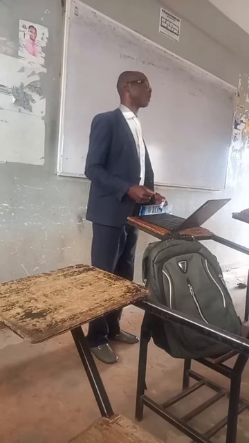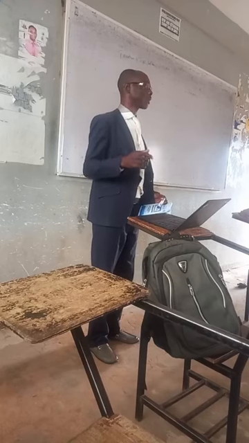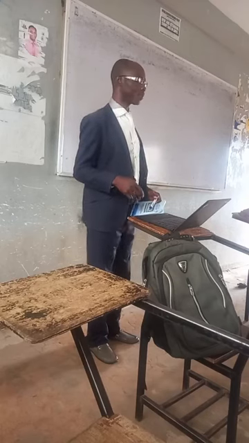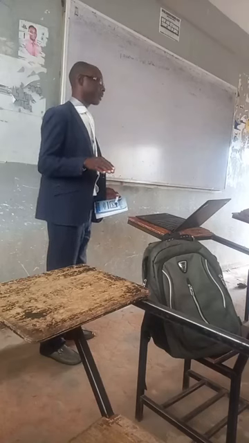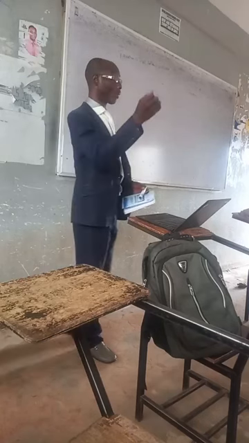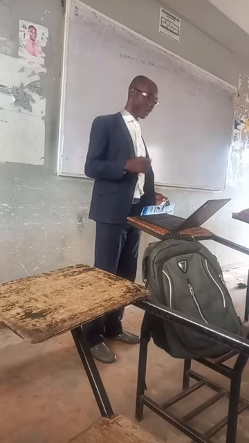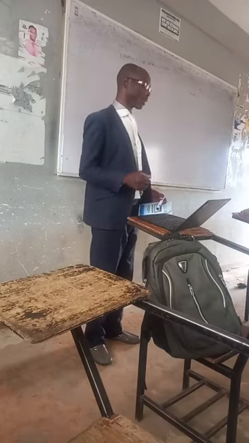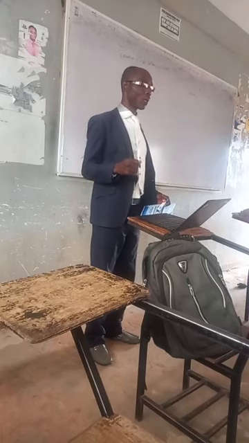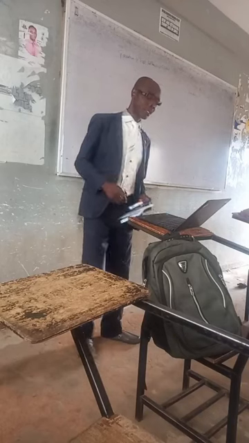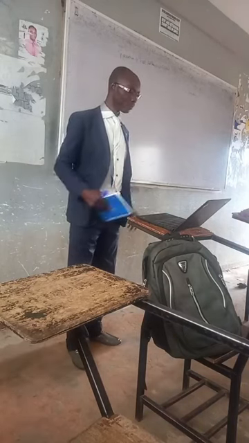Rent from properties, in bracket gross. When they say gross, they have not deducted tax. So when you are collecting rent, you are expecting to pay tax. Rent from property, gross, is 620,000 naira.